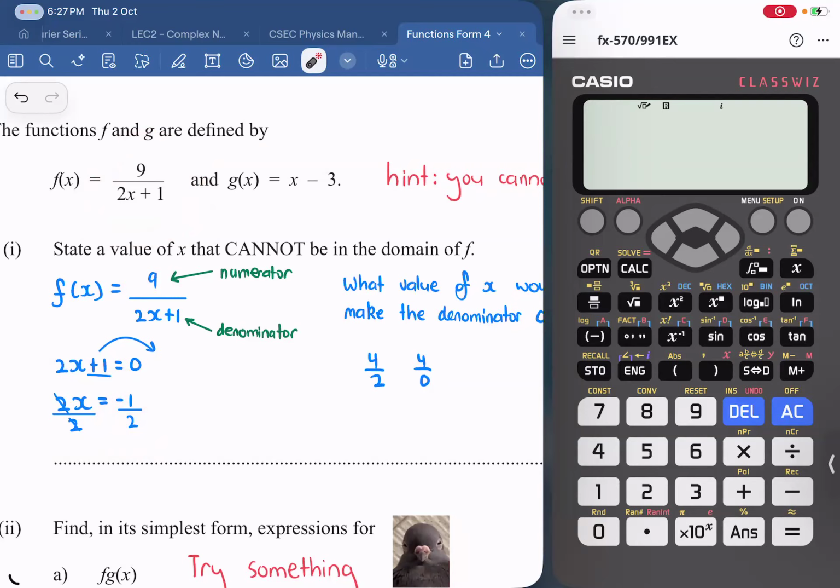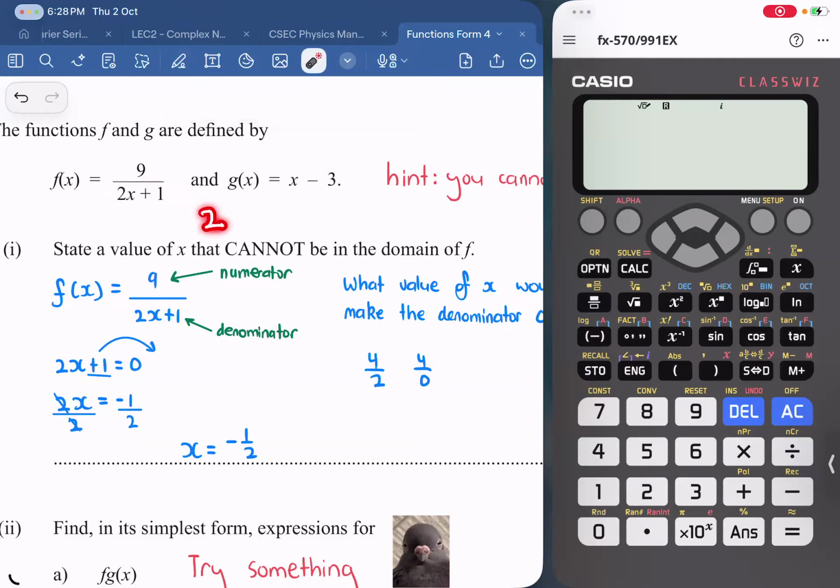If I put this negative a half into this, what do you think I would get? Let me work it out, right? So if I put x is equal to negative a half, what would I get? We know how to do that.